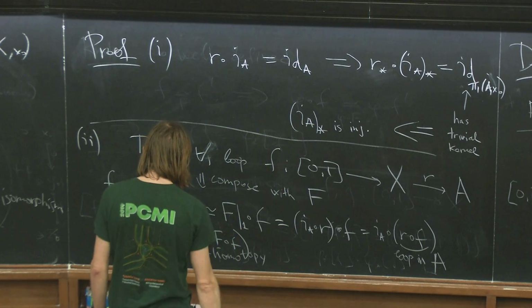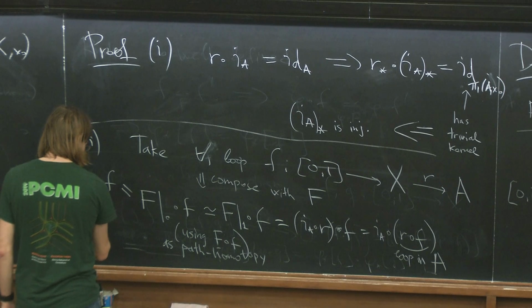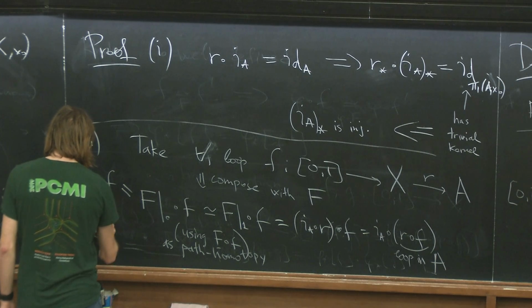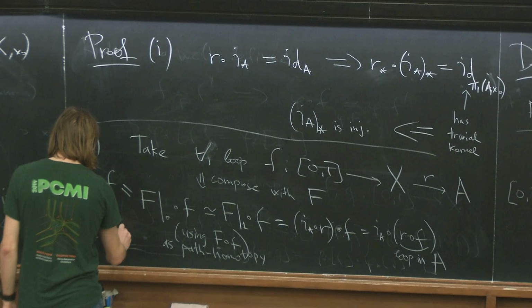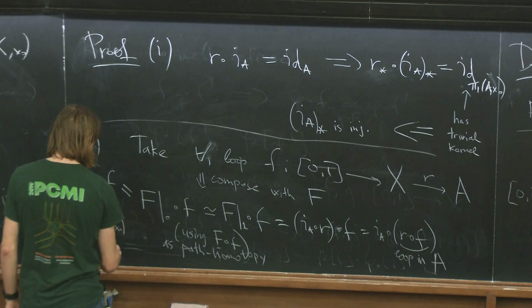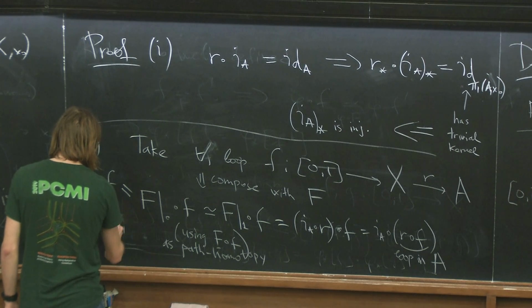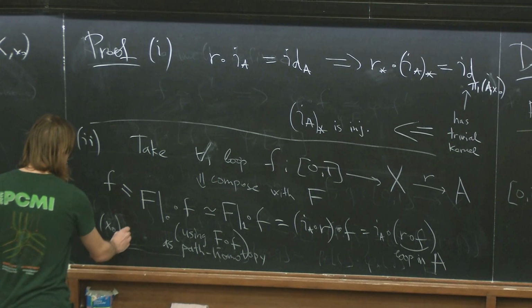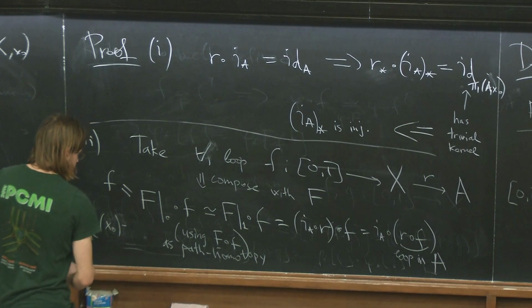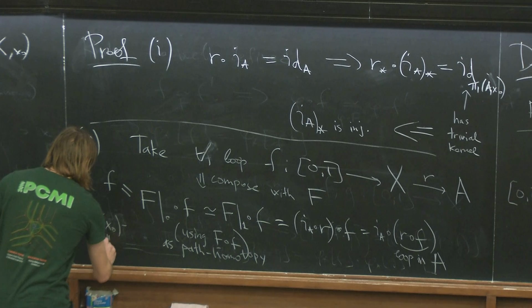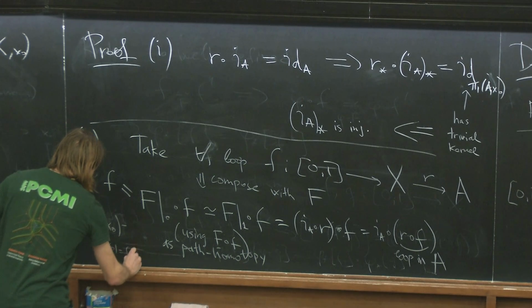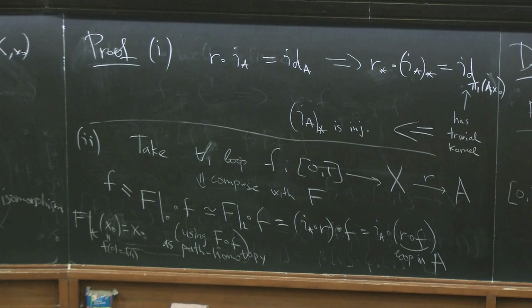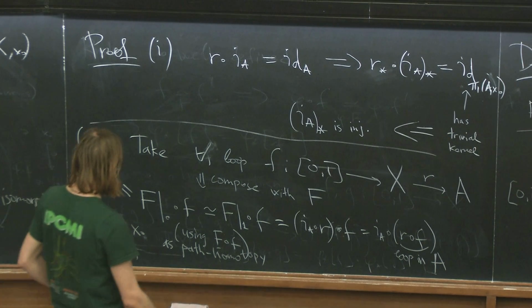You want that for any t, in particular this point, f of x0, which is f of 0, f of 1, to remain x0.